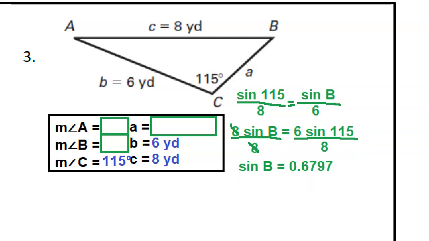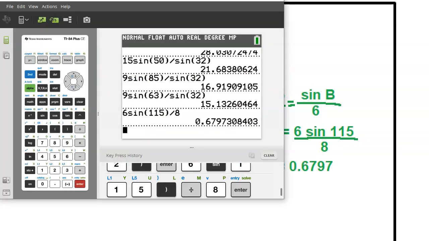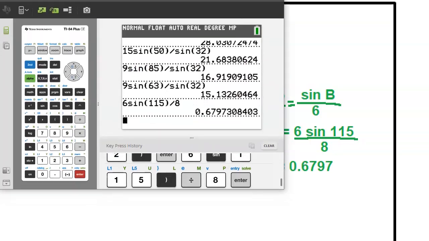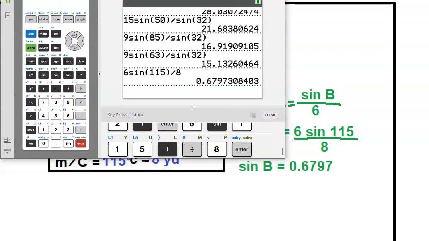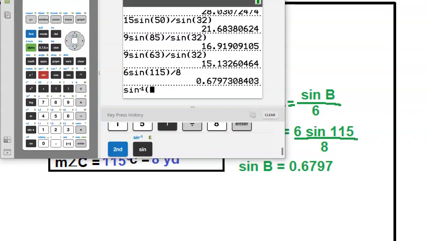Okay, well that's not really an answer. That's not the angle we're looking for. How can we figure out the angle? Well, whenever the angle is the thing that you're trying to solve for, remember this from the past, we use the inverse function. Now, I don't want to round. Rounding is annoying.